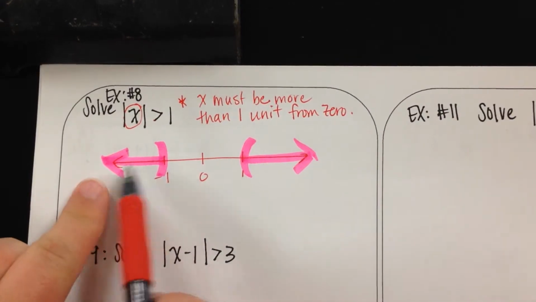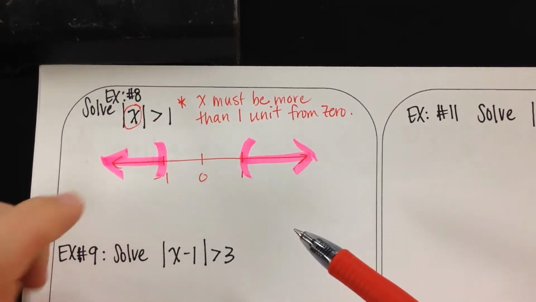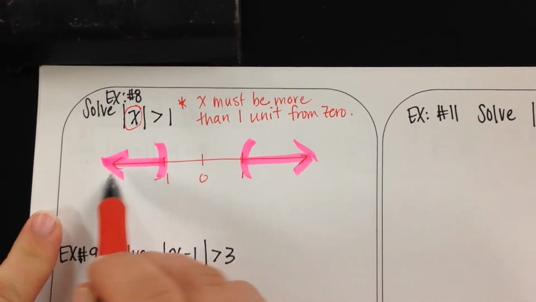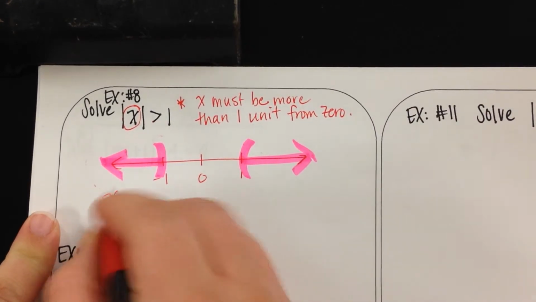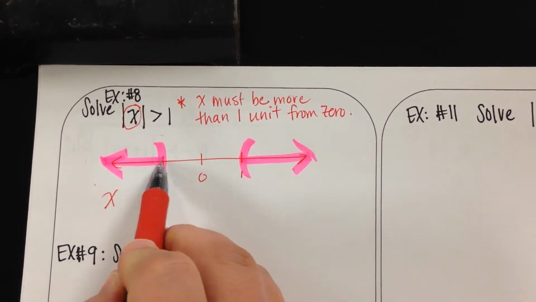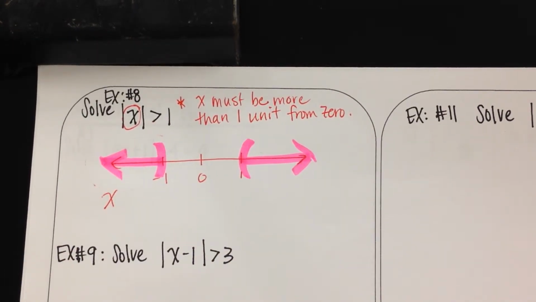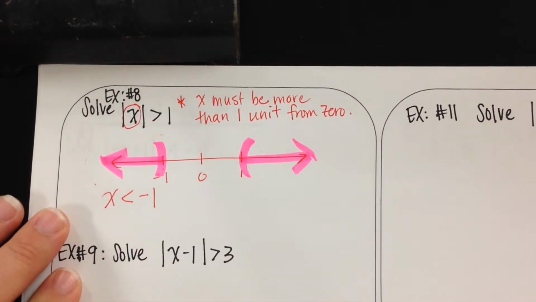Now, let's take this graph and write not only our interval notation, but what values of x we have. Okay, so if I wanted to write this left side of the portion in terms of x, what would I write as an inequality? X right here represents everything, what? Less than -1, right?